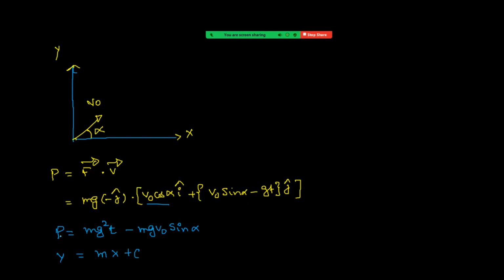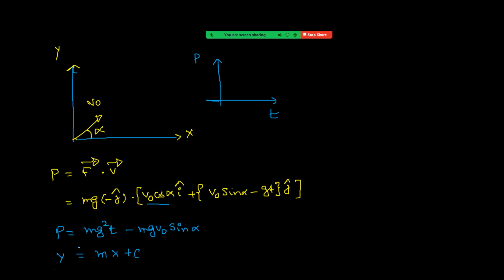Means power due to gravitational force in case of an oblique projectile changes linearly with time, having positive slope and negative y-intercept. If you plot a graph, it is having positive slope and negative y-intercept.